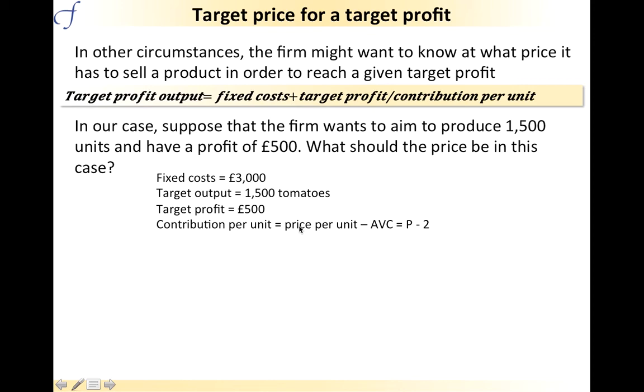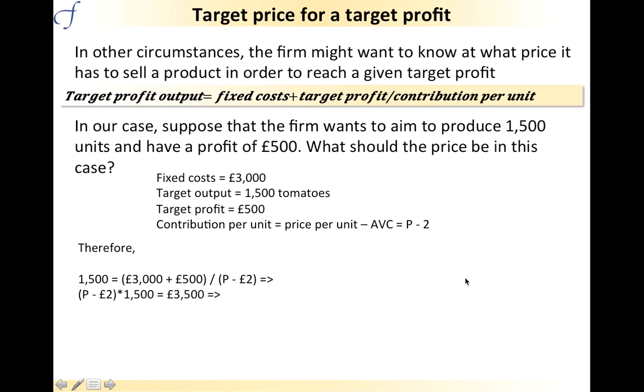But we can still use the same formula to clear this up. And we start by inputting all the figures that we know. We know that we are producing 1,500 units of tomatoes. The £3,000 is our fixed cost, and the £500 in here is our target profit. We also know our average variable cost, which is equal to £2.